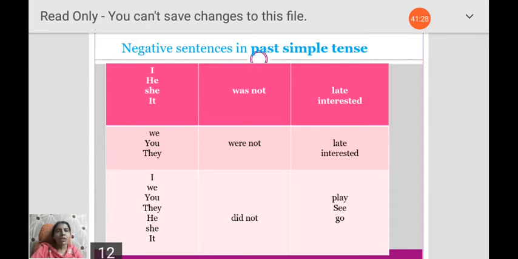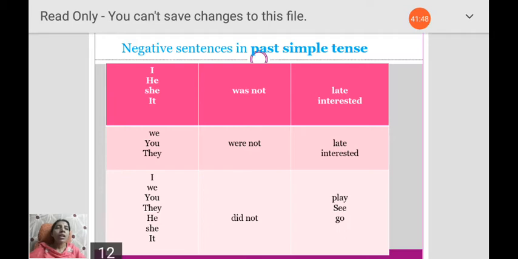But now come to the third column. There we use the words did not. When to use was or were not, and when to use did not, it is understood from the third column. Look at the third column, late and interested.